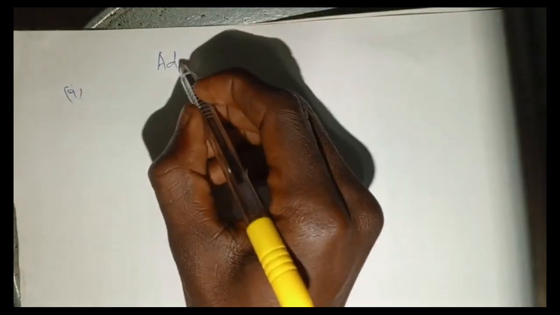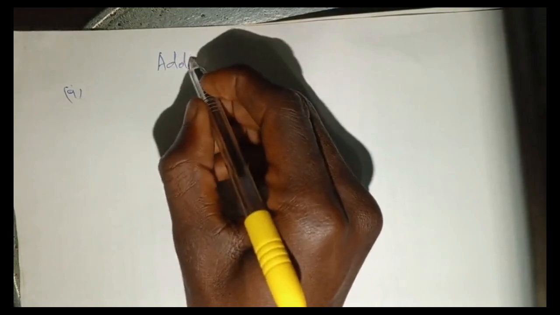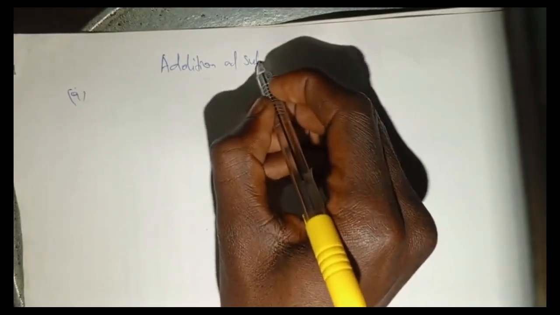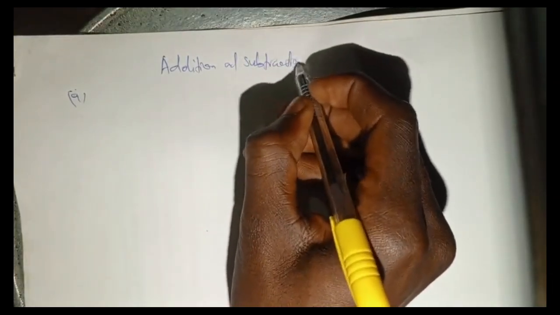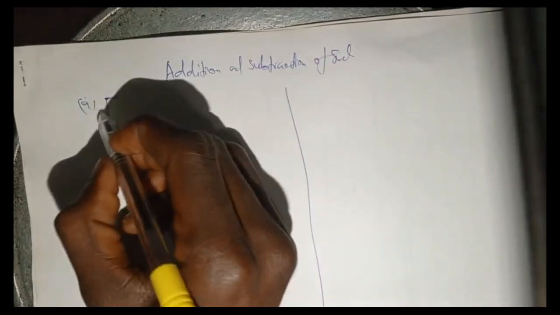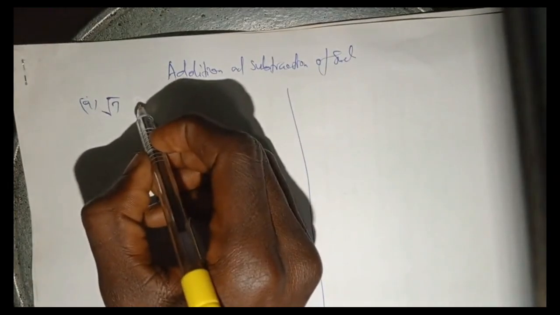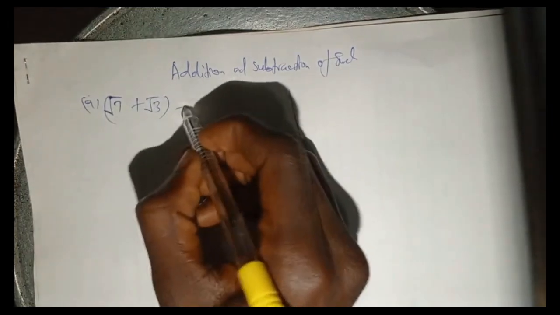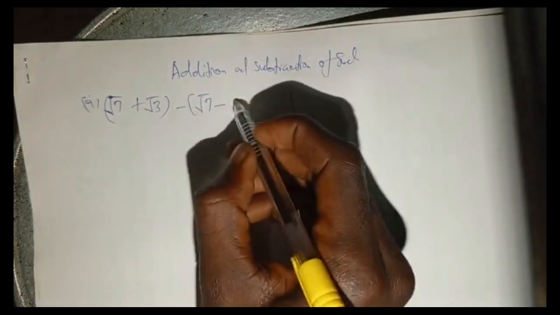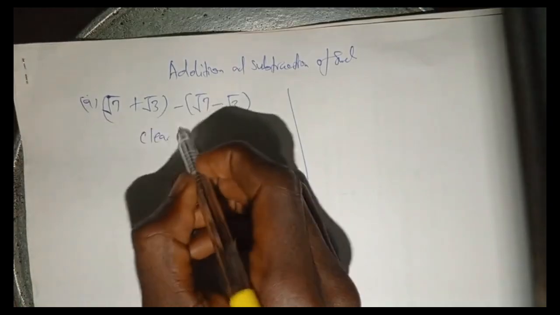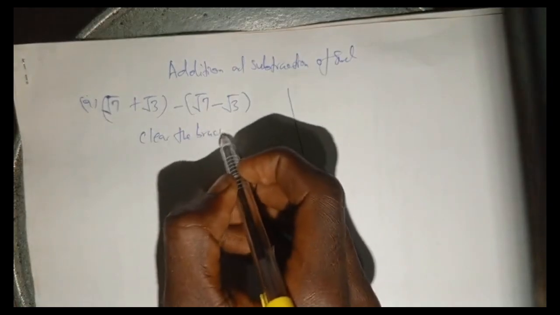Now, addition and subtraction of surds. Root 7 plus root 3, minus root 7 minus root 3. The first thing is for us to remove the brackets.